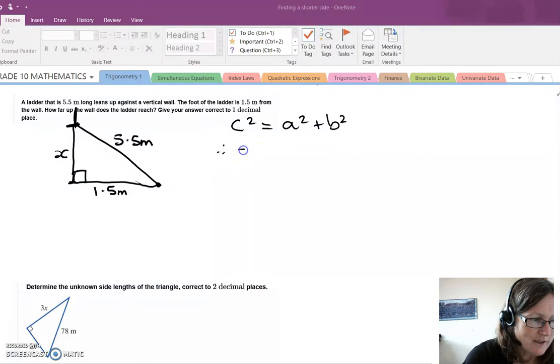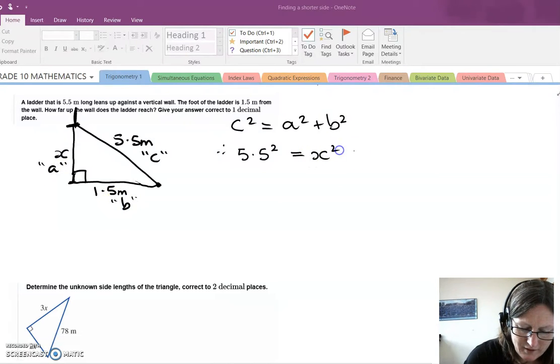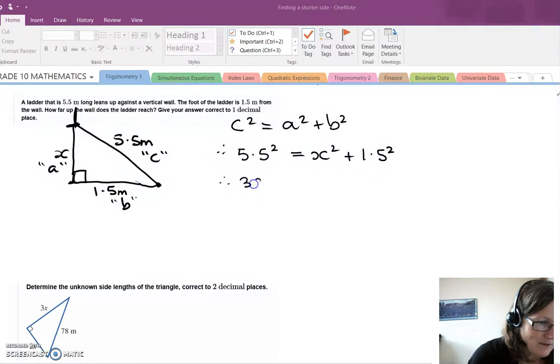Let's substitute in. C is 5.5, so 5.5 squared is equal to, calling this side A, this side B, so it's equal to x squared plus 1.5 squared, so we're substituting in. 5.5 squared is 30.25 is equal to x squared plus 2.25.